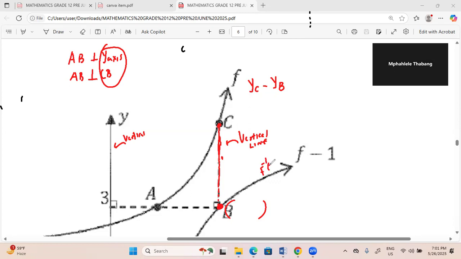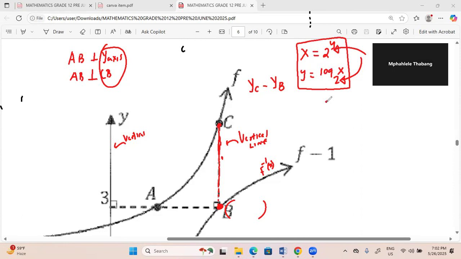F to the exponent negative 1 is the inverse of f, which is represented by this equation, x equals 2 to the exponent y, and also y equals log x base 2. Both these represent the inverse of f. Normally this is where y is the subject of the formula, but also this x equals 2 to the exponent y is the inverse of f.